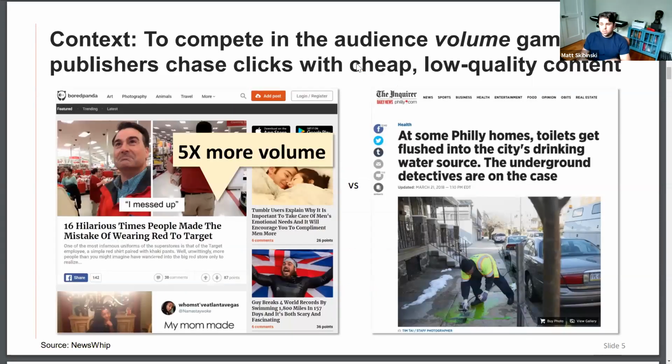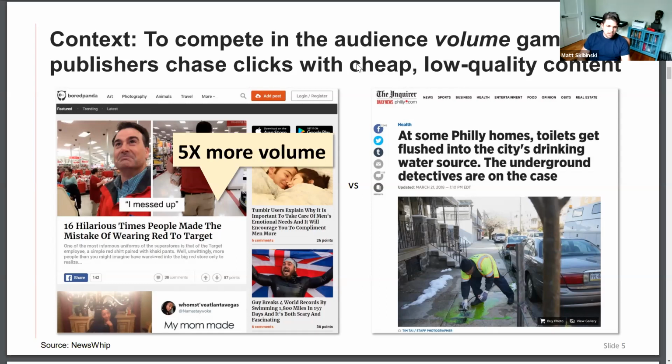But what that has led to, the advertising only model digitally was for many years the main and only model that publishers were using to monetize digital content, has led to a scenario where, if you're a publisher, it often is more profitable to produce content that's not very high quality, but that is sensational.